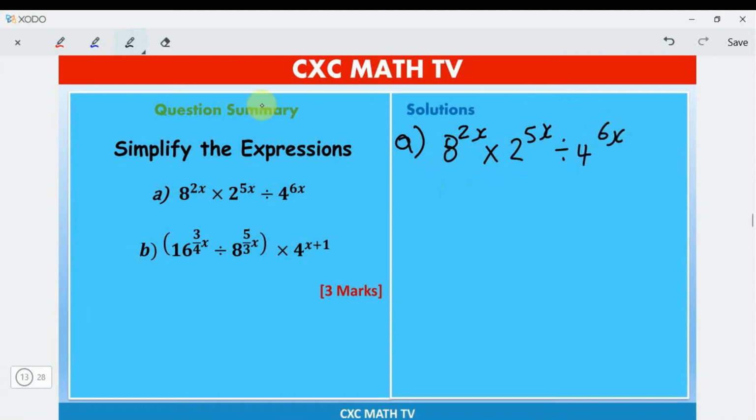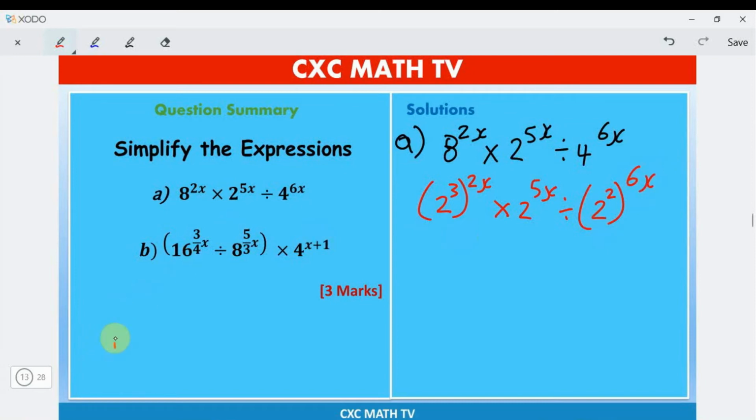Now when you multiply, when the bases are the same, you add the power. So let's try to get everything in the same base so we can use law of indices. 8 is really 2 cubed, and that's raised to the 2x, multiplied by 2 to the 5x, divided by 4, which is really 2 squared, raised to the 6x.